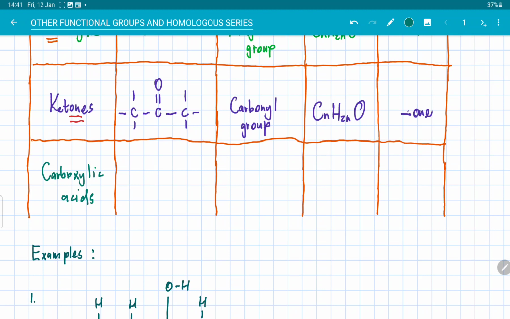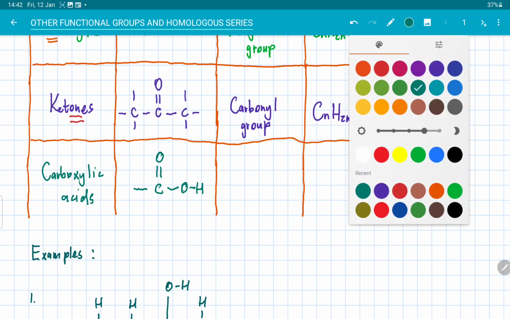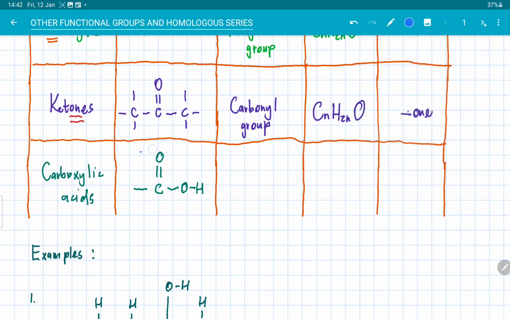So Zona, what is the name of their functional group? Kukolo C double bond O nalapha ne? But now that C double bond O is attached to a hydroxyl group. So basically, it's a combination of C double bond O no C 2 bond ka OH. So yonke le part li is the functional group li.